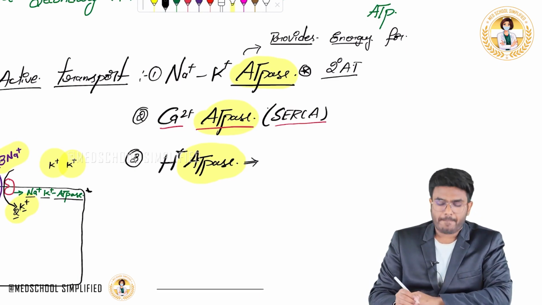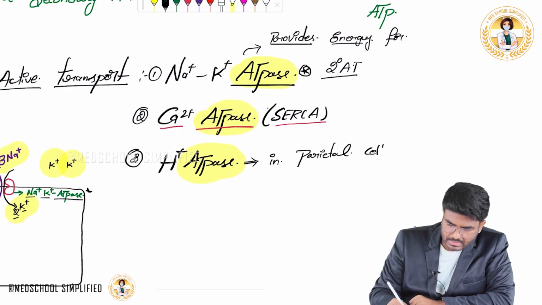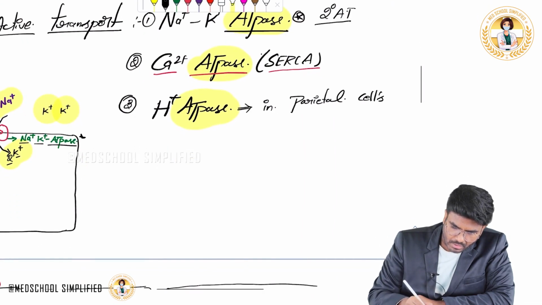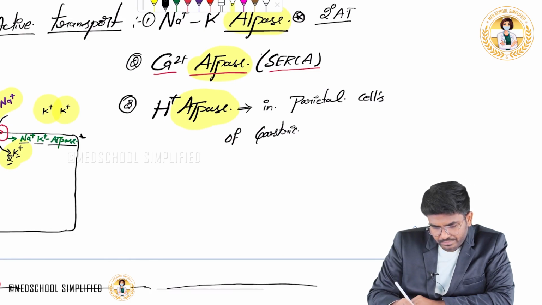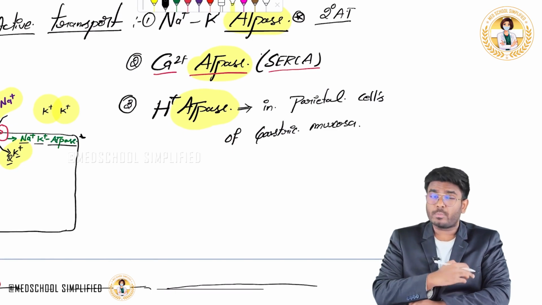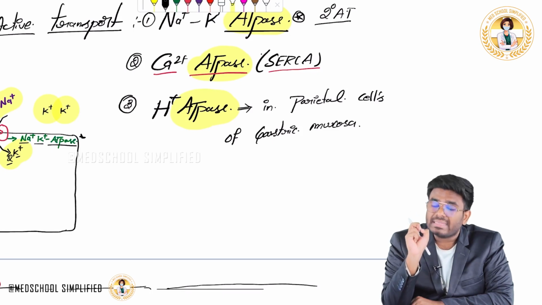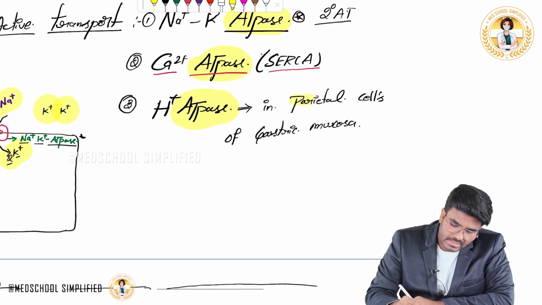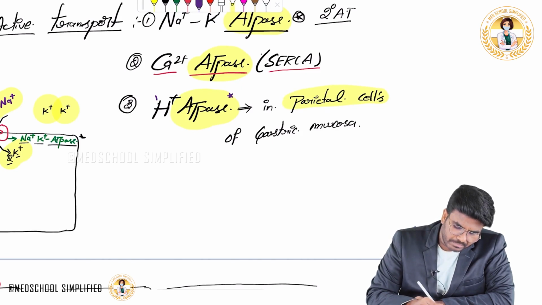it is present in the parietal cells of the gastric mucosa. In the gastric mucosa, the stomach mucosa, there are depressions called gastric glands. In these gastric glands, there are cells called parietal cells. What are these parietal cells doing?